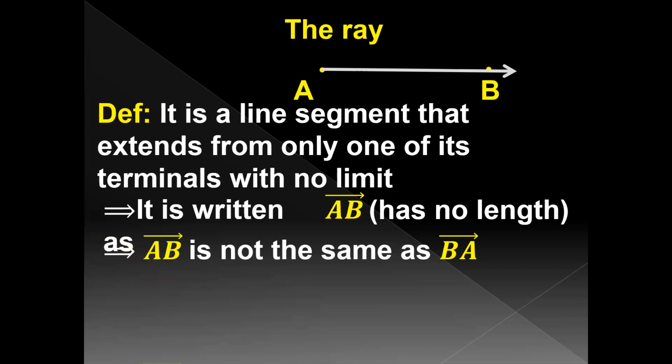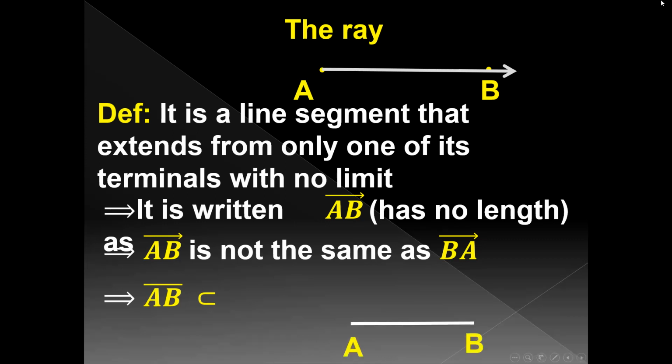And the ray has no length. We can't find the length of the ray, like the straight line, but we can find the length of a part of the ray, like this part, AB line segment.